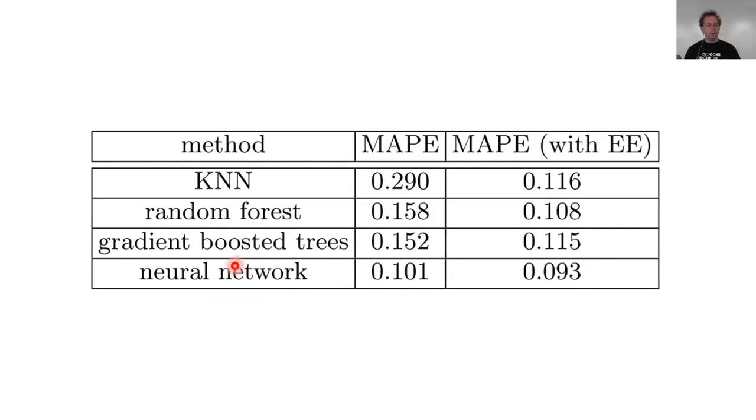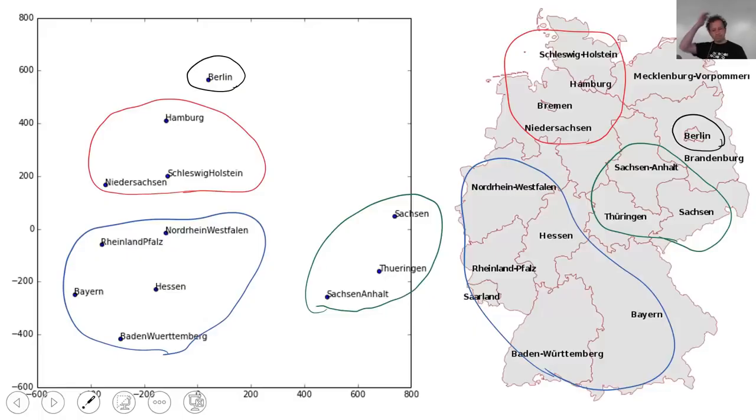And GBMs and random forests learn a lot quicker than neural nets do. So even if you do know how to train neural nets, this is still potentially quite handy. So here's what happened when they took the various different states of Germany and plotted the first 2 principal components of their embedding vectors. And here is where they were in that 2D space.